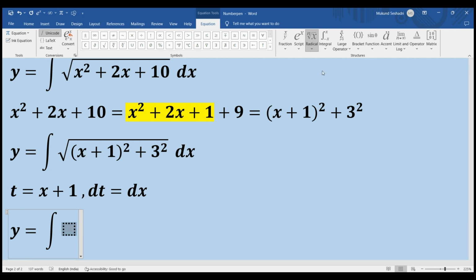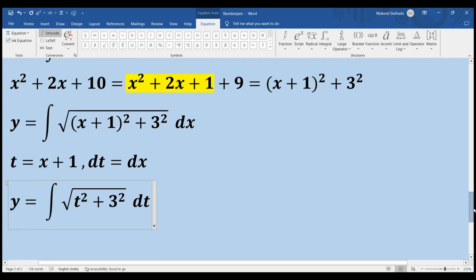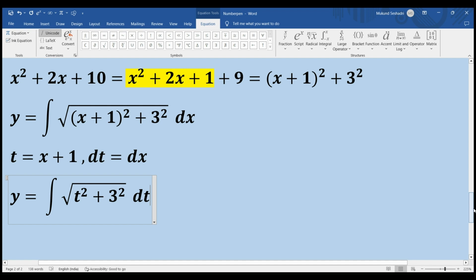The term inside the square root becomes a t square plus 3 square, right? And then my dx becomes a dt, right? So now you see I've been able to reduce it to the term integral of square root of a square plus x square times dx. And just that in place of a we have 3, in place of x we have t, in place of dx we have dt, right?